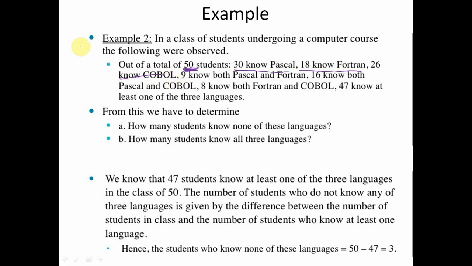So the set of Pascal has a cardinality of 30, the Fortran set has a cardinality of 18, and the set of COBOL has a cardinality of 26. Please understand, there might be students in the Pascal group who also know Fortran, who also know COBOL. There can be students in the Fortran group who know COBOL or Pascal or even both.